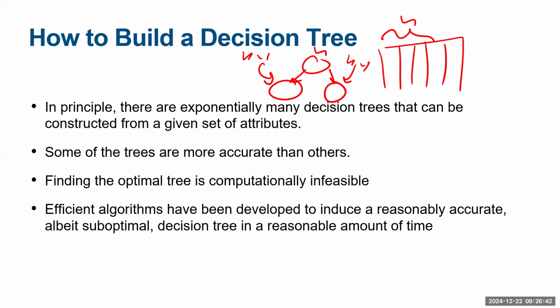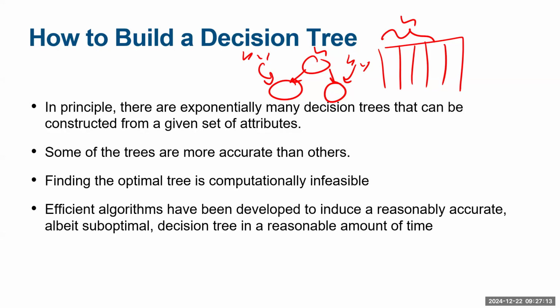But that does not prevent us from building a tree. All of the decision tree algorithms are going to be based on heuristics. There is no optimization, because we already showed that to find the best answer, you have to try exponentially many solutions. So you have to come up with some heuristic.